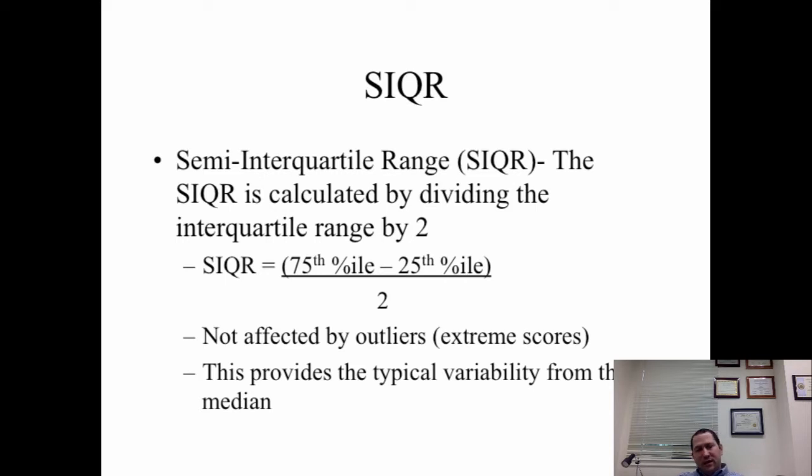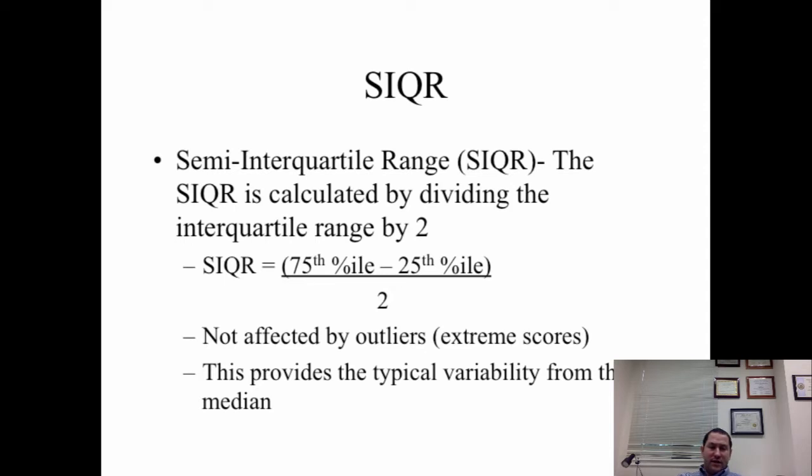Notice how the number, as we get more careful with our calculation, gets more truncated, gets smaller. Okay, make sense? So the semi-interquartile range is useful, and it provides typical variability from the median.